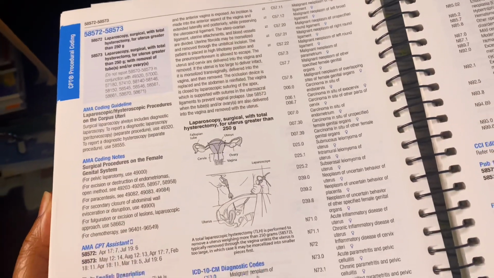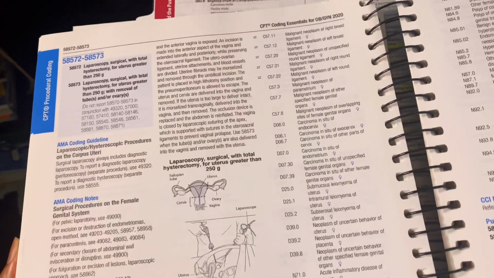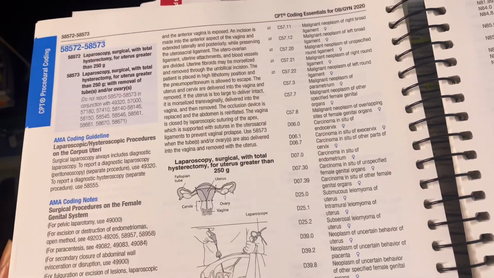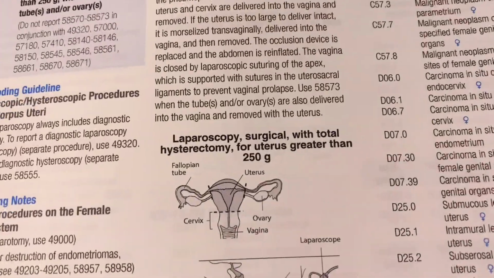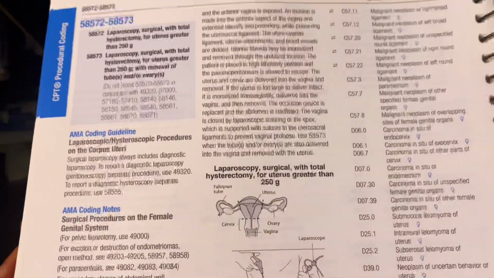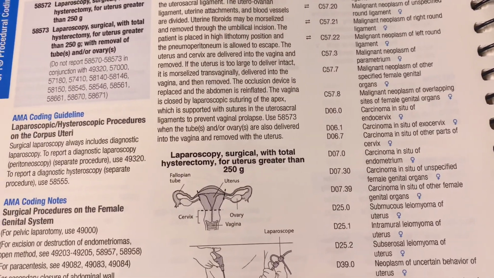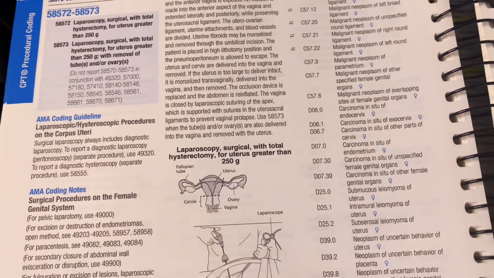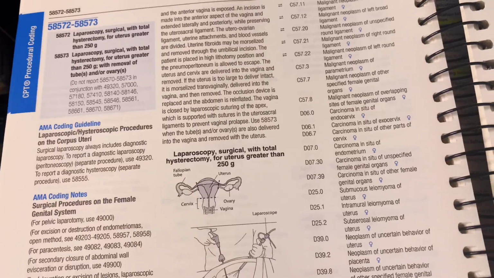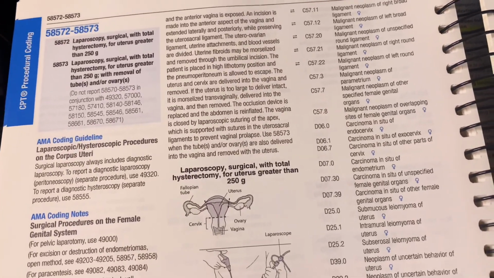So I just reviewed a total laparoscopic vaginal hysterectomy, and this uterus was over 600 grams. So you see right here in the center, it says you will use this range of codes for uterus greater than 250 grams. And the provider also removed, I think it was 3 or 4 fibroids, because it was too hard to get everything out at once.